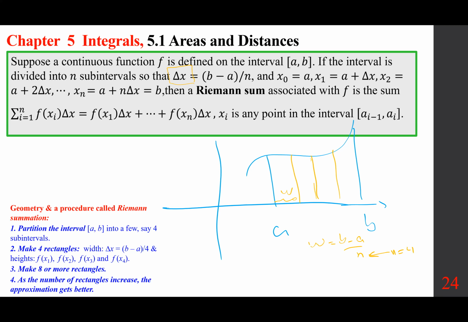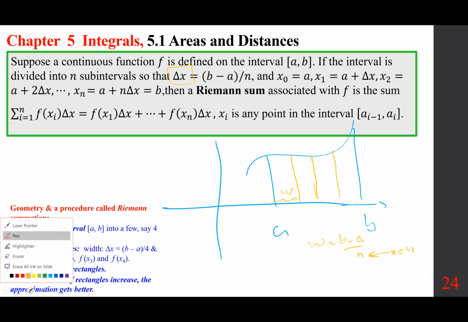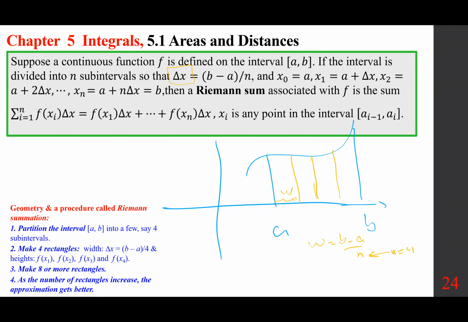What is the height? Well, I can use the left endpoints and use this one as the height. That means f of x sub 0 or f of a and the rest of it. I can use the right endpoints.